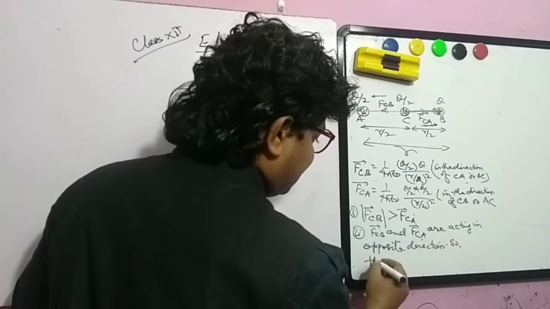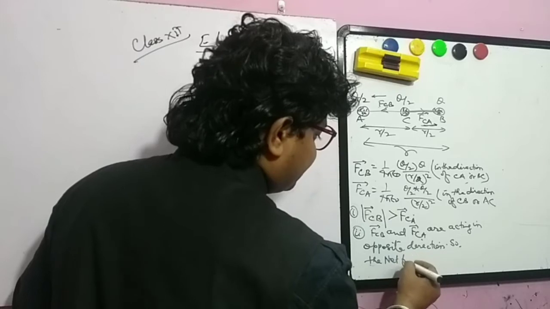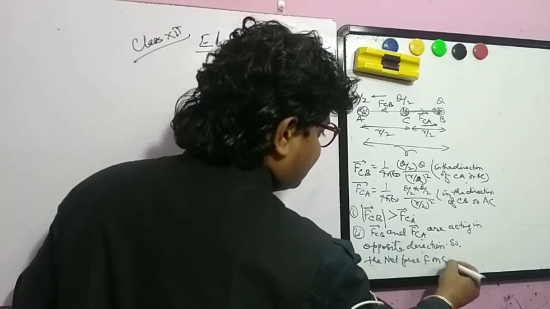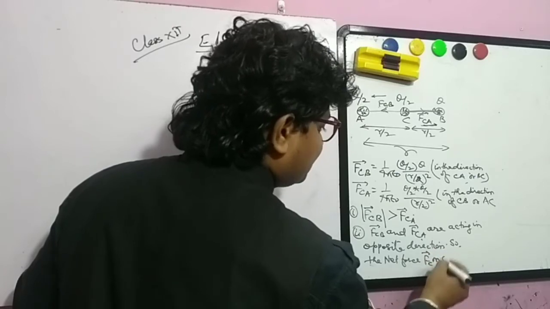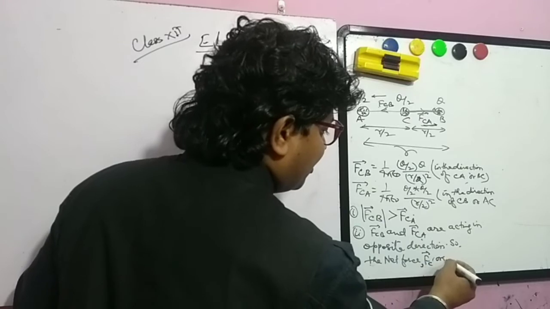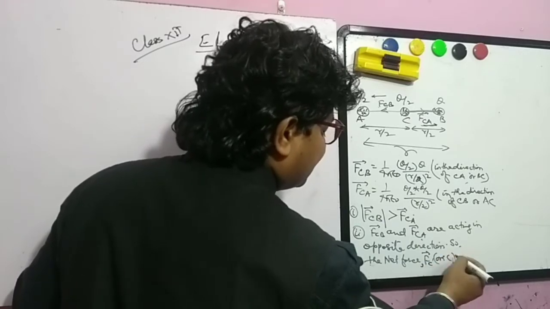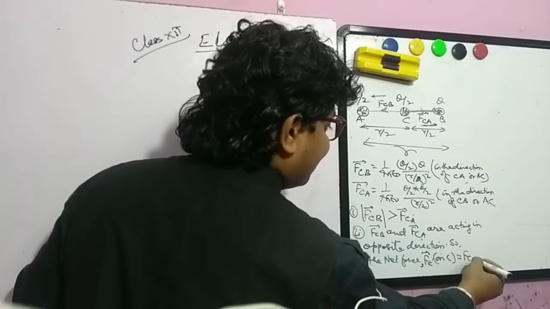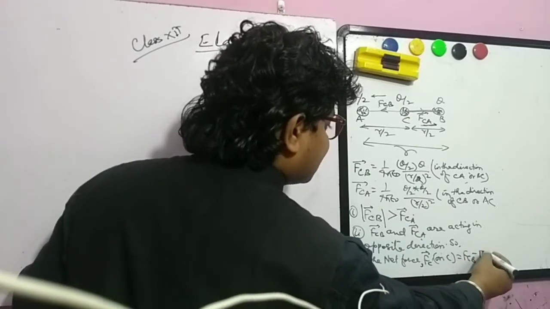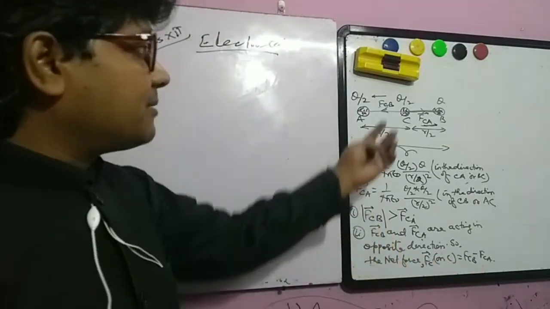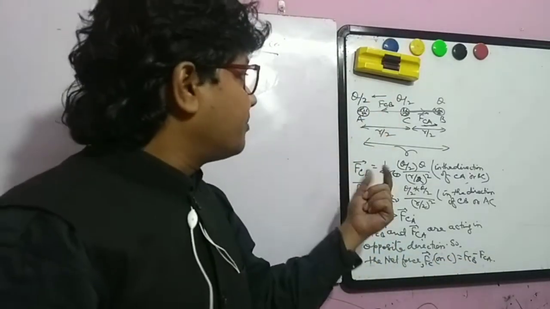So the net force on C, FC, will be equal to FCB minus FCA, because FCB is greater in magnitude.